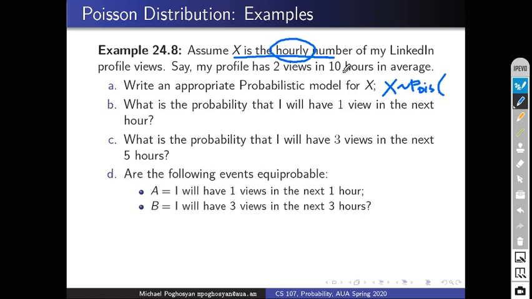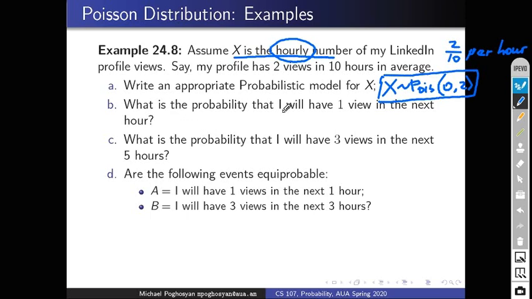Because I have 2 views in 10 hours, then I have 2 over 10 views per hour. So the parameter will be 0.2. So this is our model for the hourly views of my LinkedIn profile.